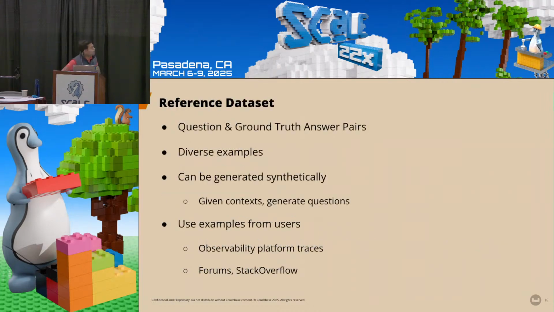And so how do you come up with like a reference data set for using the LLM as a judge? So you ideally want to have like diverse examples that cover all kinds of different use cases that the user might ask the application.